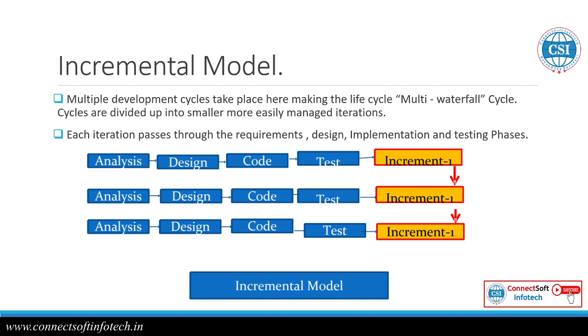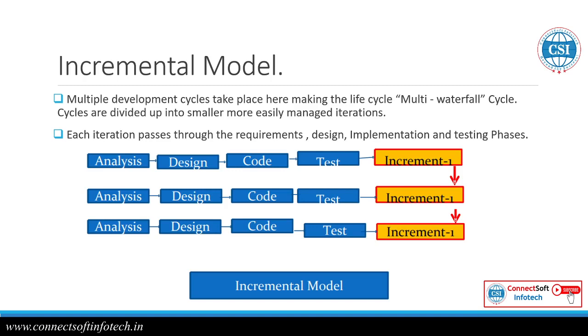So the waterfall model is not suitable, and now we have a different model known as the incremental model. The concept here is that you can change the requirement and follow the complete cycle, and you get one build, a piece of software, at the end. Again we can add requirements and follow the same steps, and again we get a build.